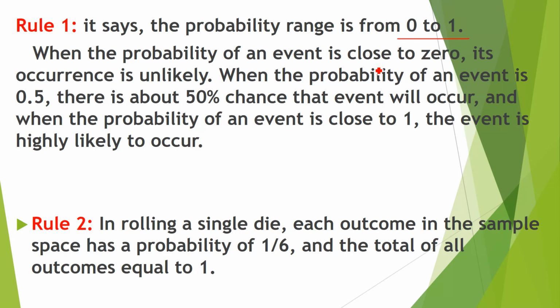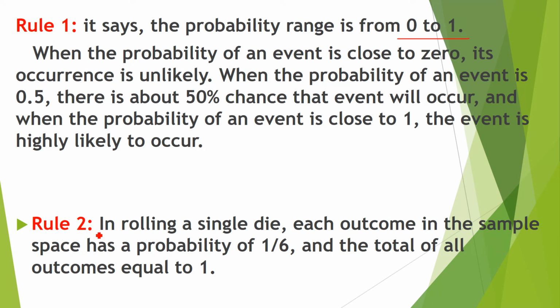There is no 7 in a die. It means its probability is 0. When the probability of an event is 0.5, like I flip a coin and the head will come, the probability is 0.5, 50%. And when the probability of an event is close to 1, the event is highly likely to occur. This is rule number 1.